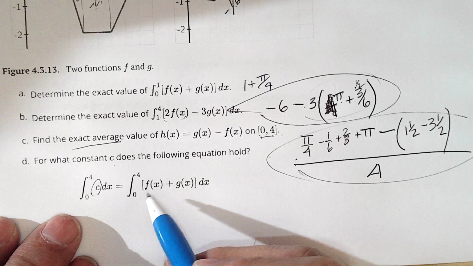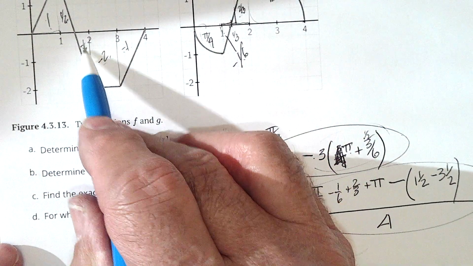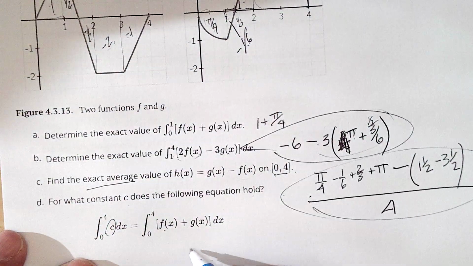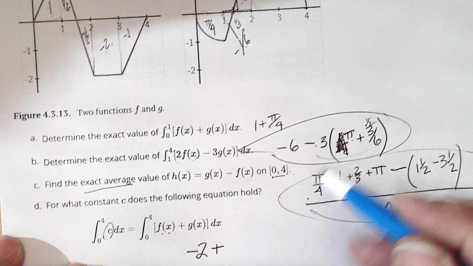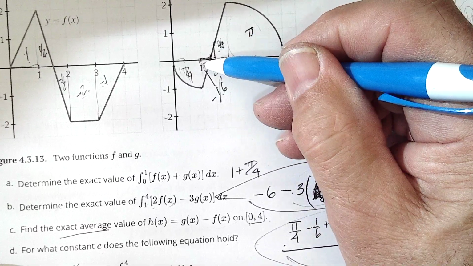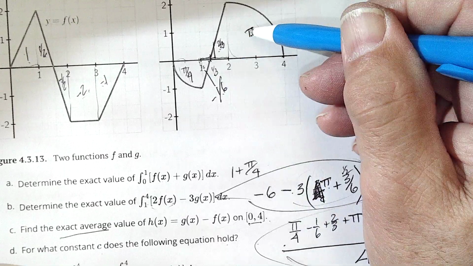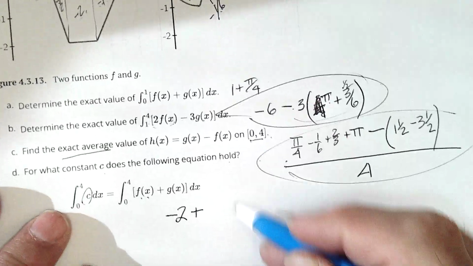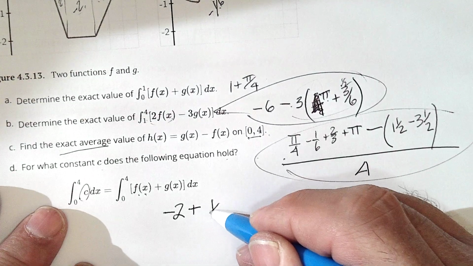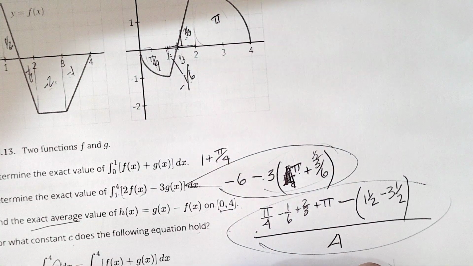So again, that would be the area of F, 1.5, those cancel, so it's minus 2. That's the area under F, plus the area under G, which is minus 1/6 plus 2/3 is 1/2, and 1/2, and this would be plus 3 pi over 4.